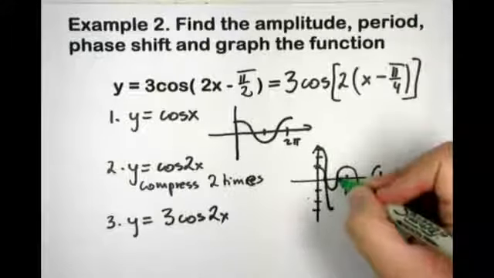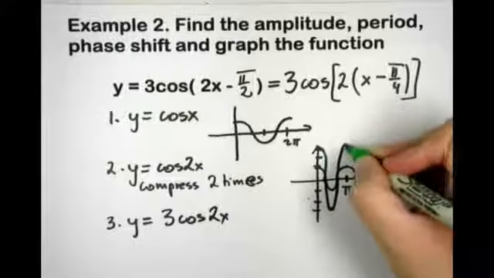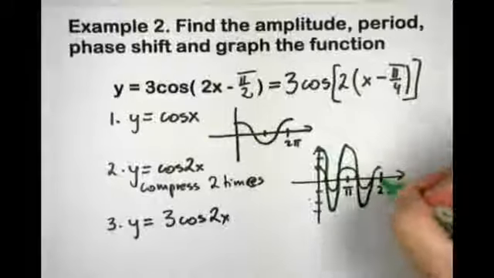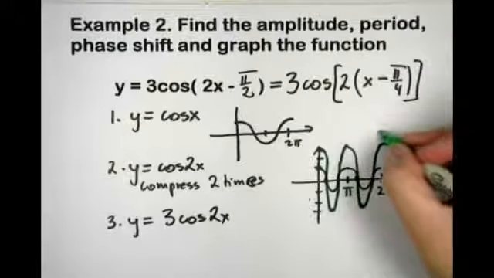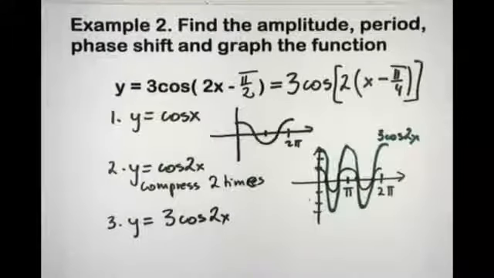Expand, and it goes up to 3, to 0, and up to 3. Okay, so this graph is 3 cos 2x.